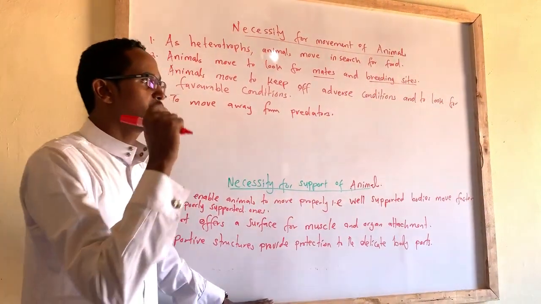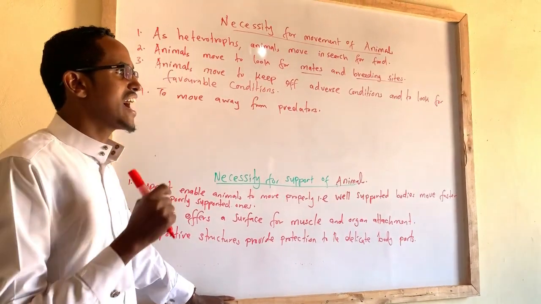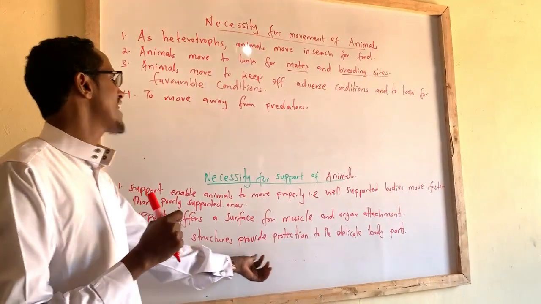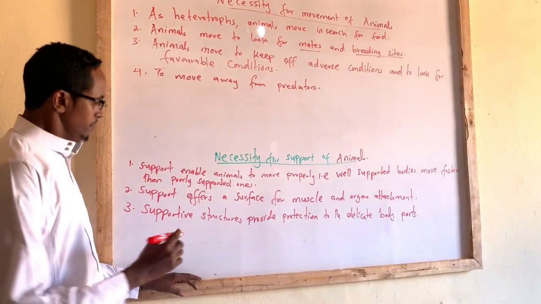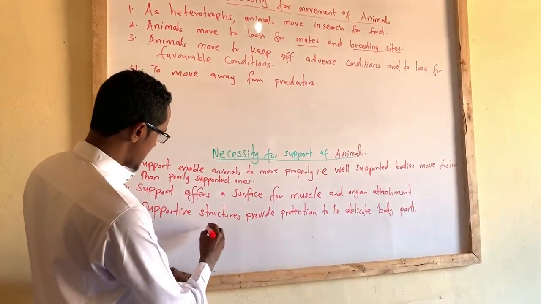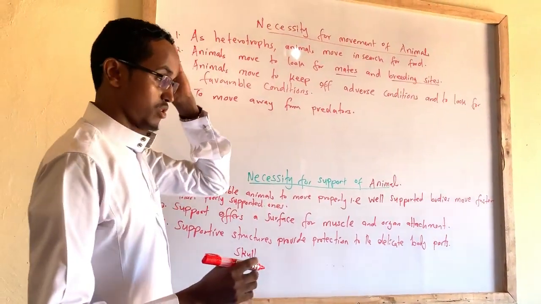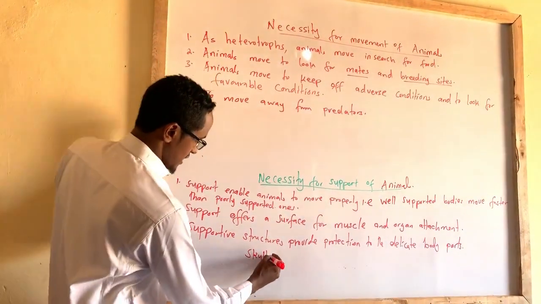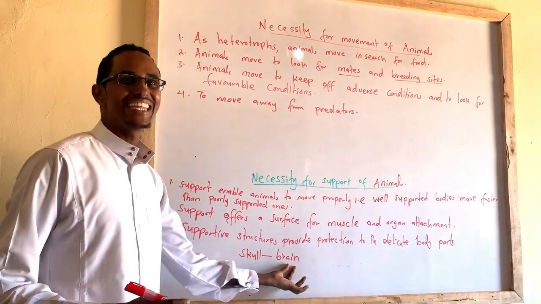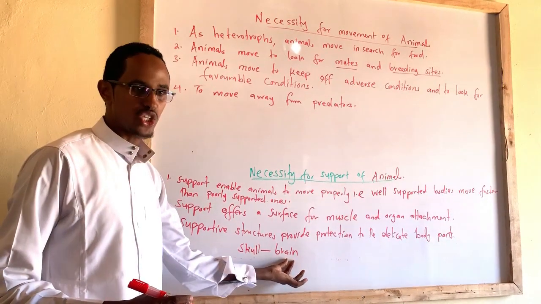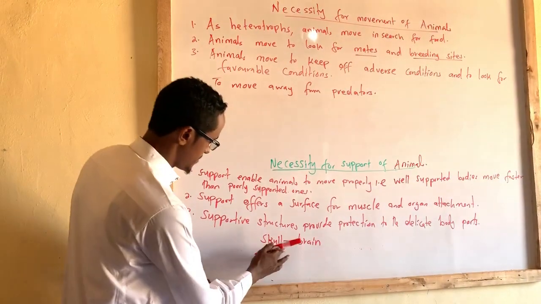Some of the supportive structures within our body, the bones, will sometimes provide protection to the delicate body organs. For example, the skull, also called the cranium, provides protection to the brain. The brain is a delicate nervous organ that needs protection. That is provided by a supportive structure that we call the skull. Good.